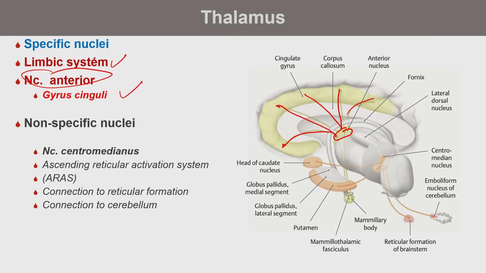Non-specific nuclei are those which have relay to the striatum, basal ganglia, or the structures in the brainstem or cerebellum.